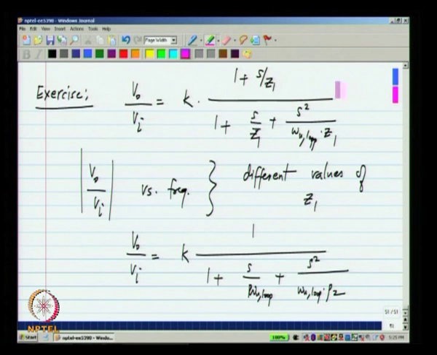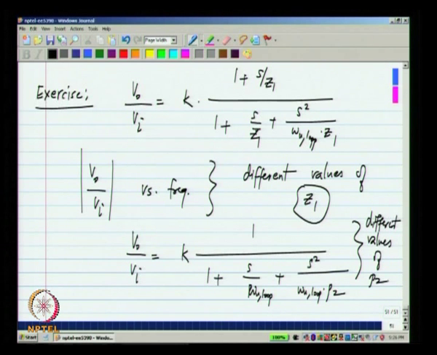The important difference between these two is the absence of the 0. Okay. So, you do this for different values of Z1 here and different values of P2 here, okay, and you can compare the two cases when the damping factor is the same.